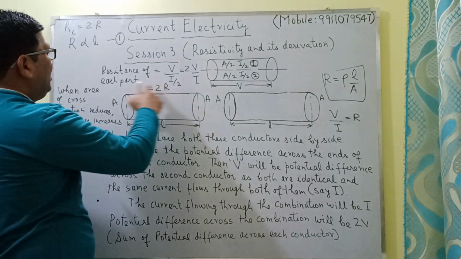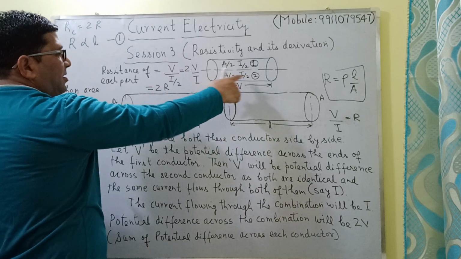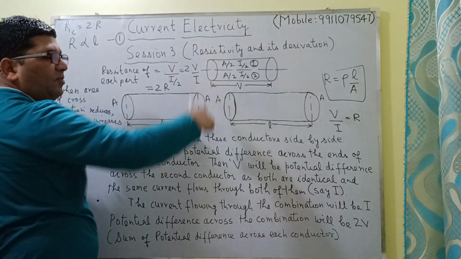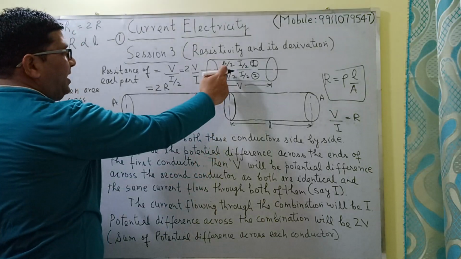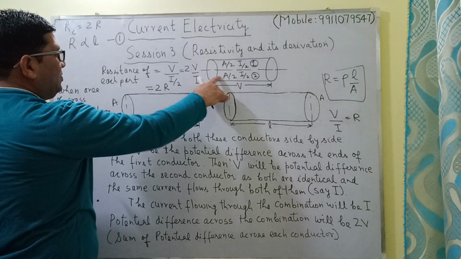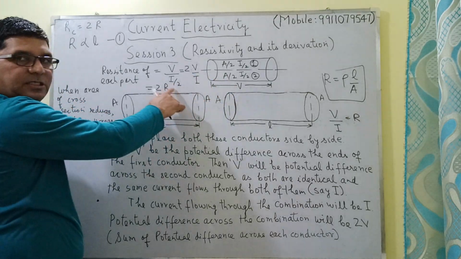From here you can see that the resistance of each part of the conductor is 2R, and the area of cross section has reduced from A to A by 2. So when the area of cross section has reduced, the resistance has increased.